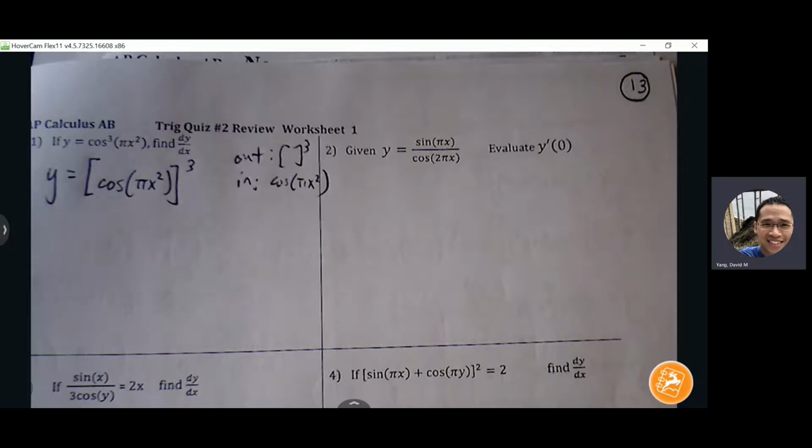Okay, so page 13, we're going to skip number 4 and we're going to go down to number 5.